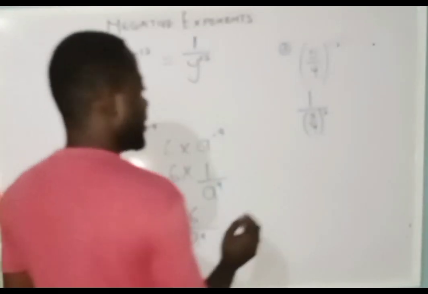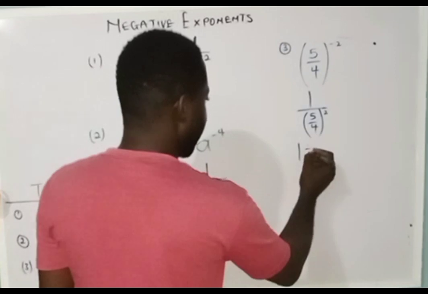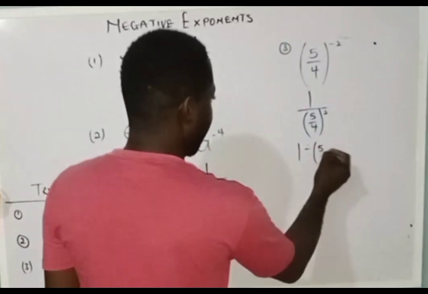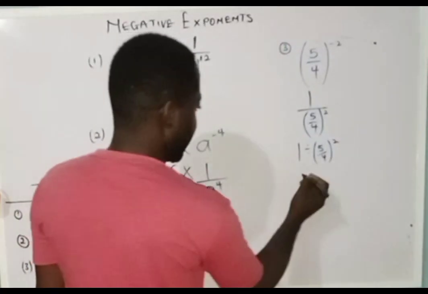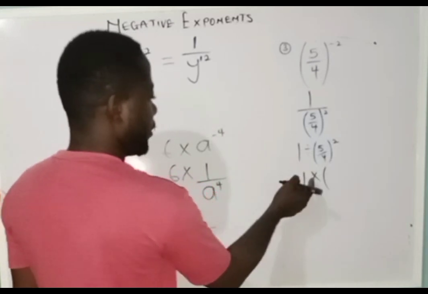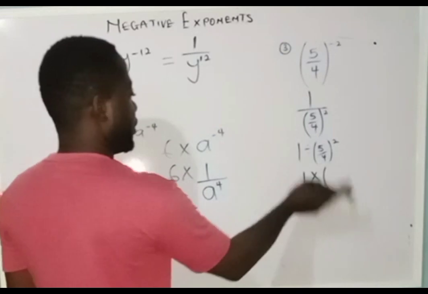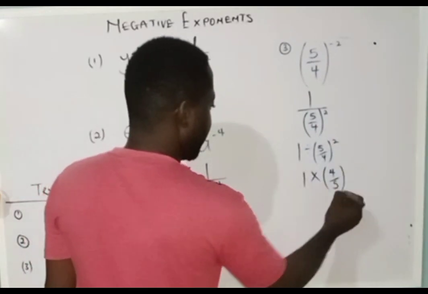The next thing to do is to say, you will agree with me that this simply means 1 divided by 5 all over 4 raised to the power 2. Now it simply means 1 multiplied by, if division changes to multiplication, the fraction will change position: the 4 will come up and the 5 will come down.